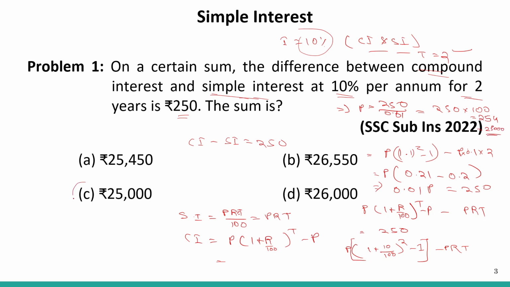So 25,000, that is option C, is the only correct option here.